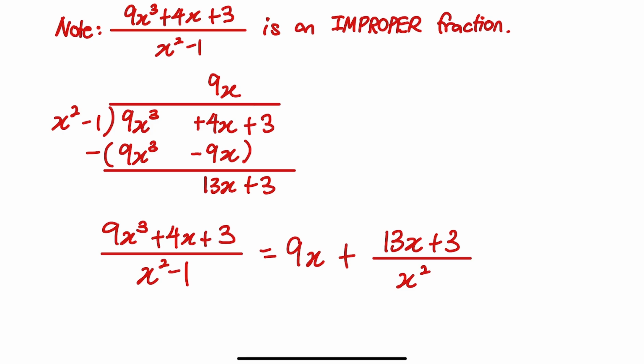Let me highlight this first. 9x here is the quotient. The quotient will be written as this separate term here. The divisor, x squared minus 1, can be found here. And the remainder, 13x plus 3, will go over here.